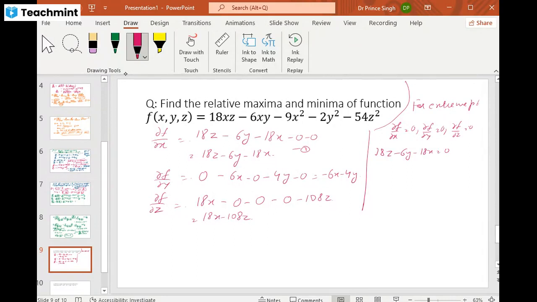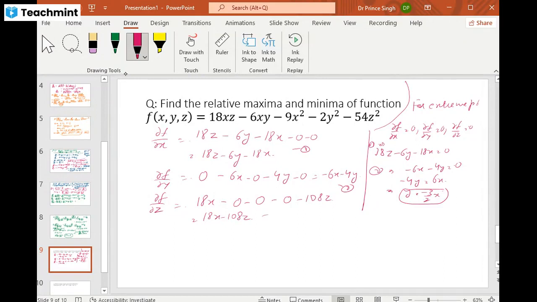This is number 1. The first equation gives us this one. This is second equation. So second equation will give us minus 6x minus 4y equal to 0. So we can get minus 4y equal to 6x. So the value of y is minus 3 by 2 x.